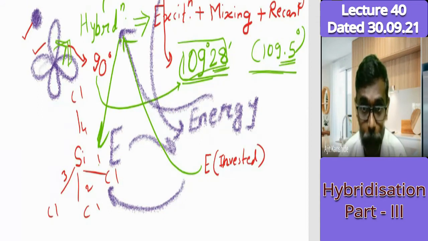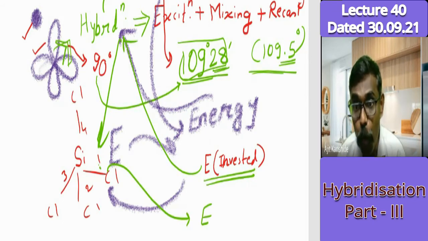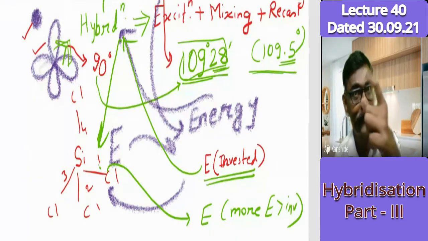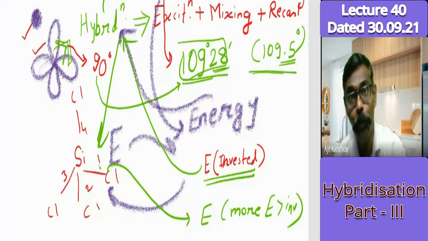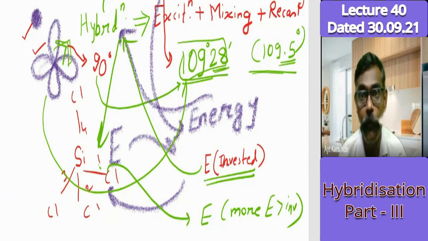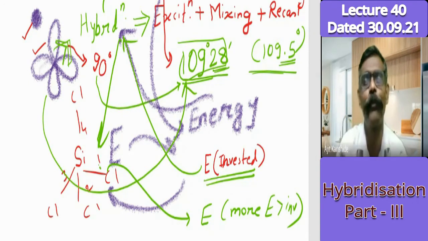And after bond formation, not necessarily just the invested energy, but more energy than the investment comes out. That's a profit. That's a business. Therefore, even though it is troublesome for p orbitals to align in a tetrahedral way, p orbitals do that process.